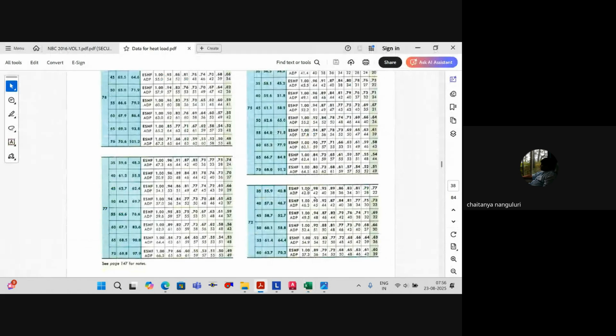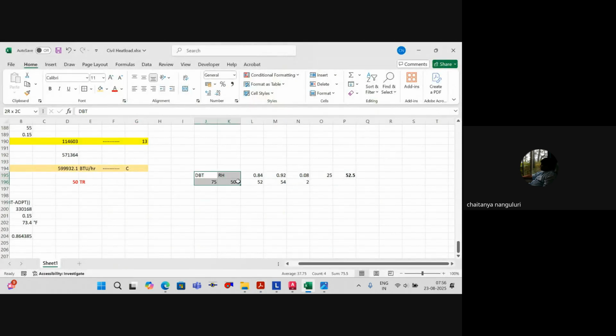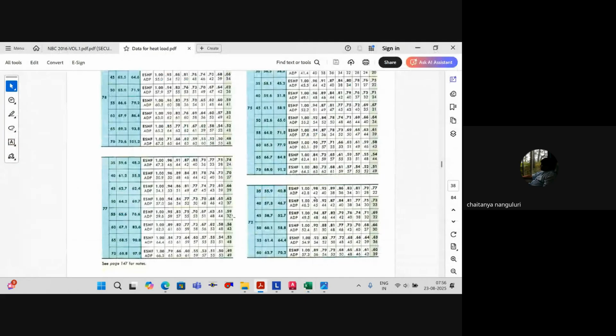Similarly, do you think I can calculate it for 72 interpolation? For 72, 50% RH, luckily we have it. So 72, 50% RH. Again, the value is between 0.81 and 0.88.